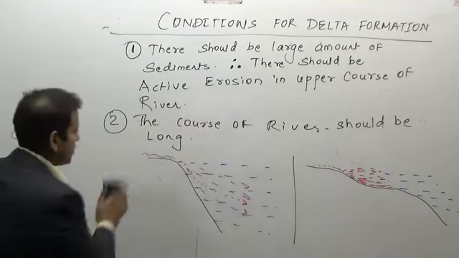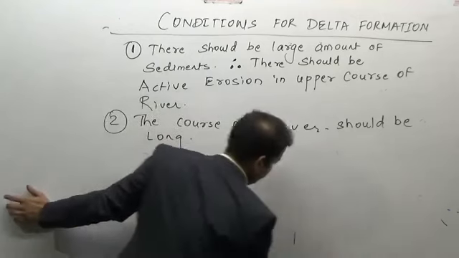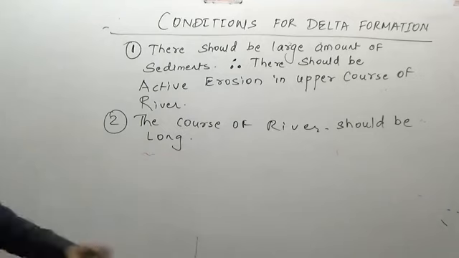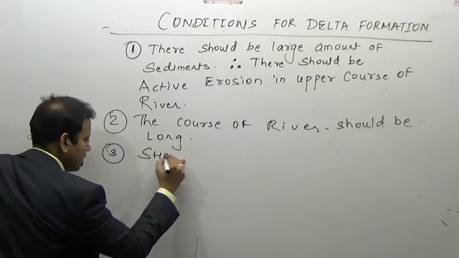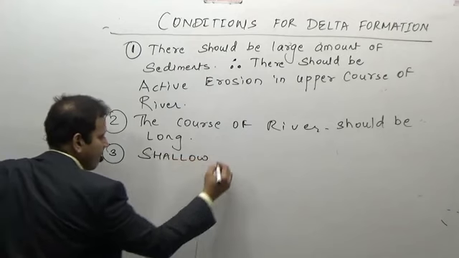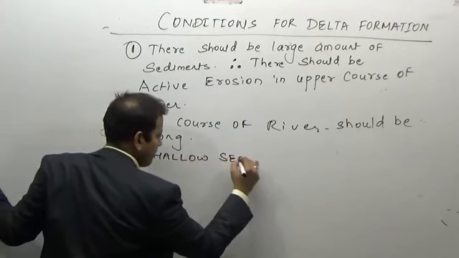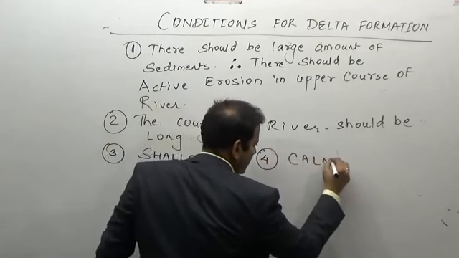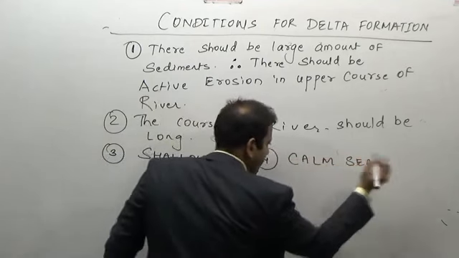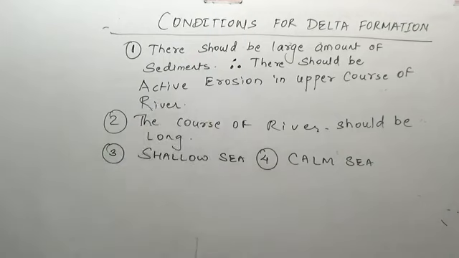So the third condition is shallow sea, the fourth condition is calm sea. What do you mean by calm sea?